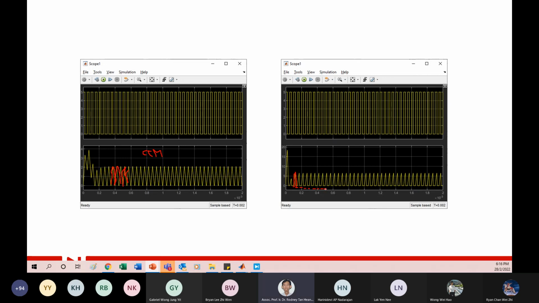Your inductor is too small, in other words. So in this operation mode, we call it DCM. It will cause instability to your current supply to your load. So that's the difference.